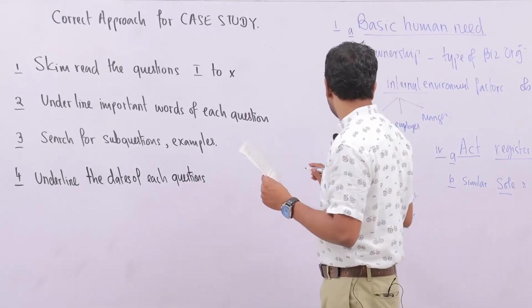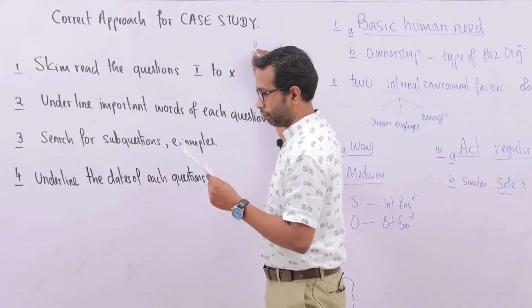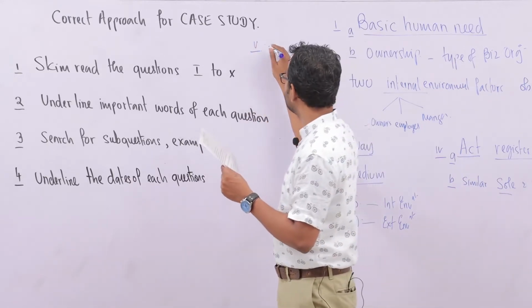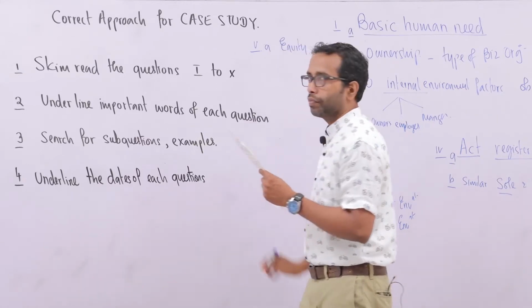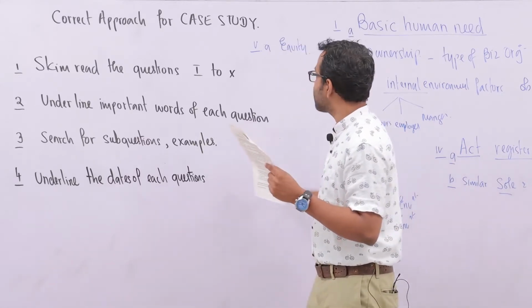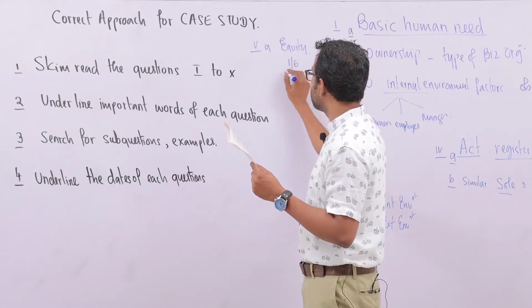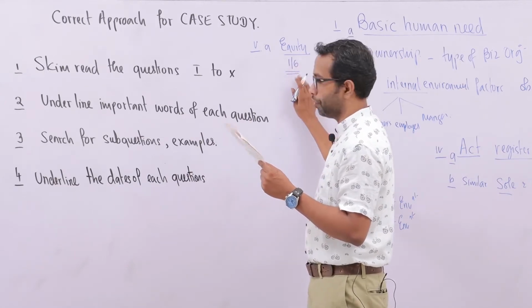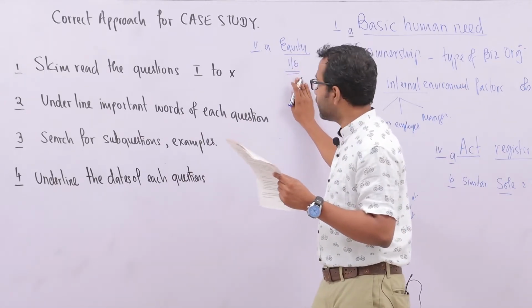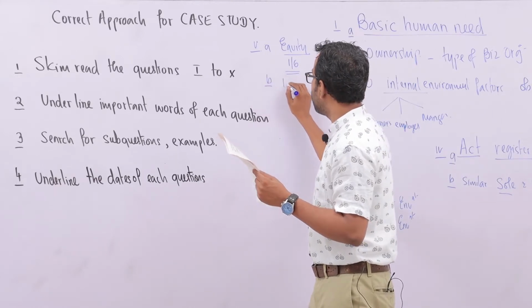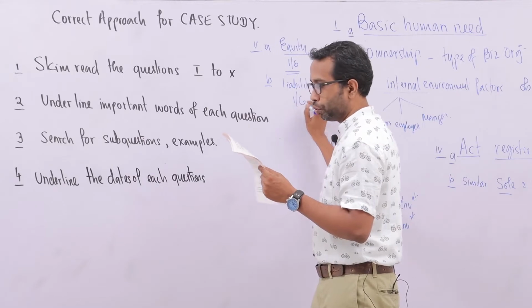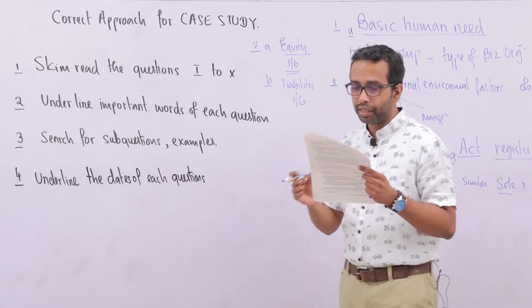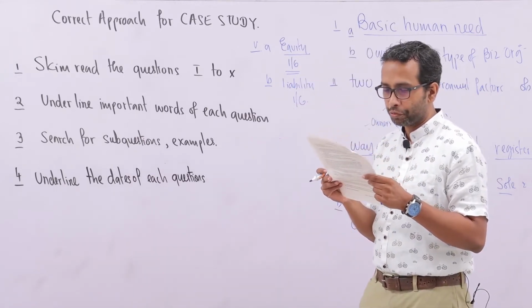Accounting parts, number 5. A, the equity. They are asking the equity as at 1st June. Please underline the date. B, liability as at 1st June. Please underline liability and 1st June.